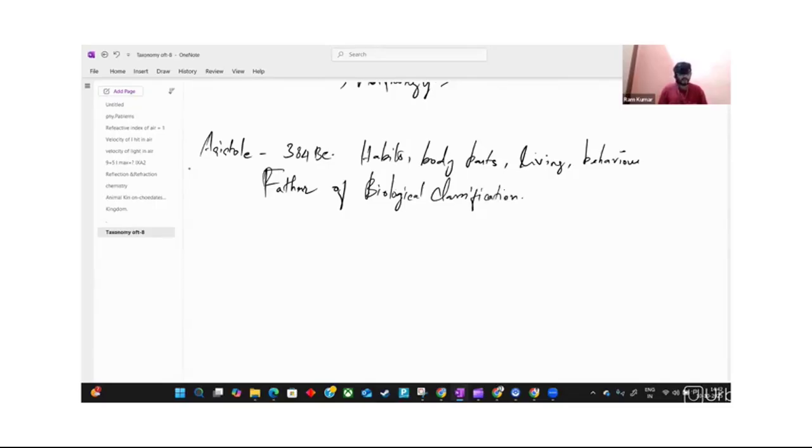Upon researching taxonomy, a Swedish naturalist called Carolus Linnaeus took taxonomy to an advanced level.